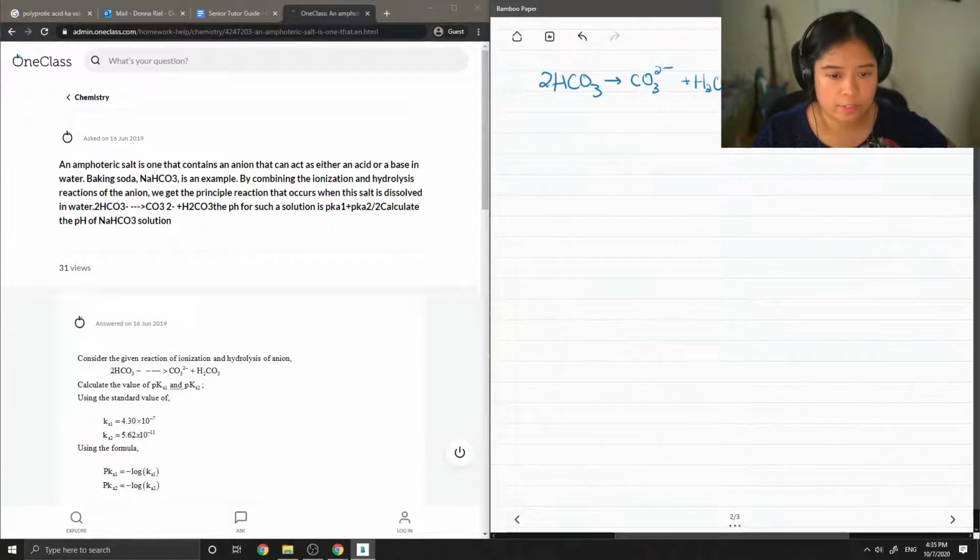The pH for such a solution is pKa1 plus pKa2 over 2. Calculate the pH of sodium bicarbonate solution. So I'm just going to write that down. What's missing is the pH of our sodium bicarbonate solution.